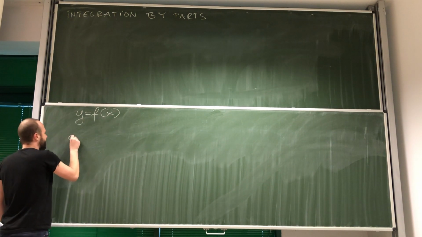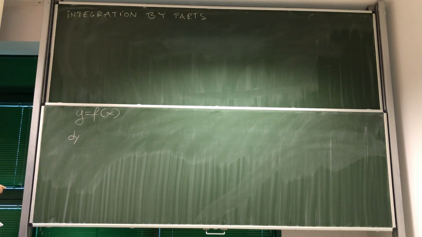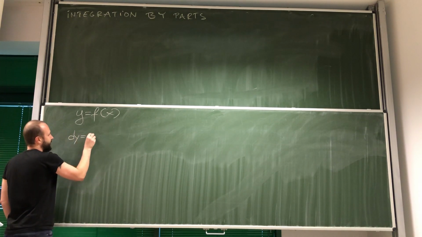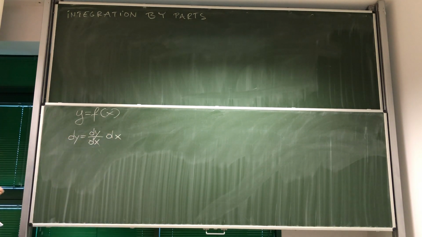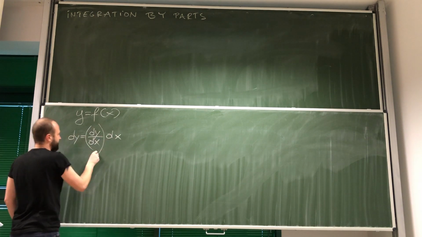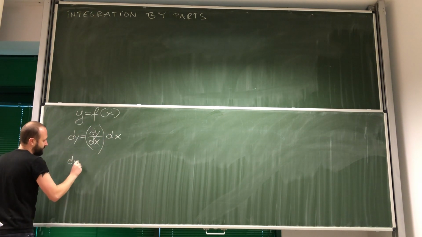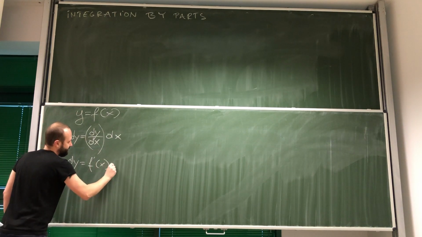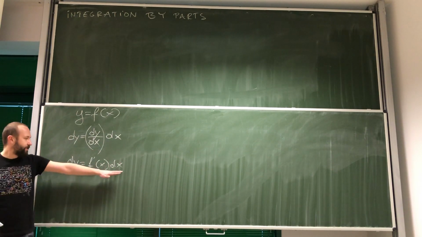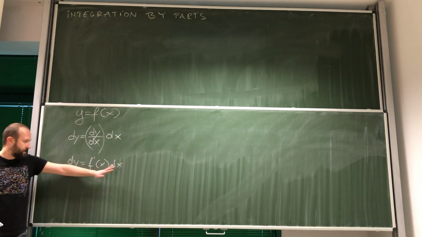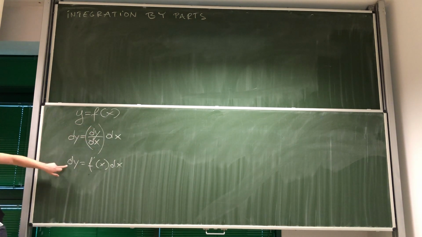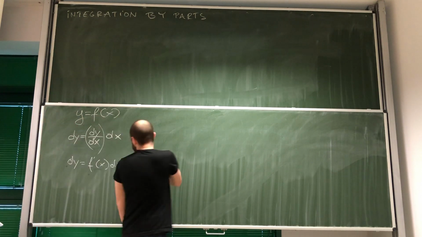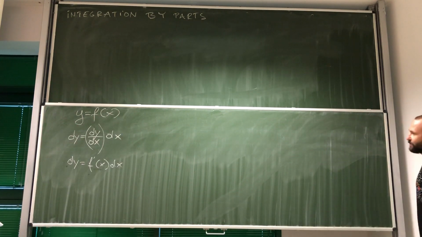And we said that dy, so differential of y, can be calculated as dy/dx times dx, where this is simply derivative f prime of x times dx, right? So here we have very small change in x times derivative, so ratio of the two differentials is equal to the differential y.